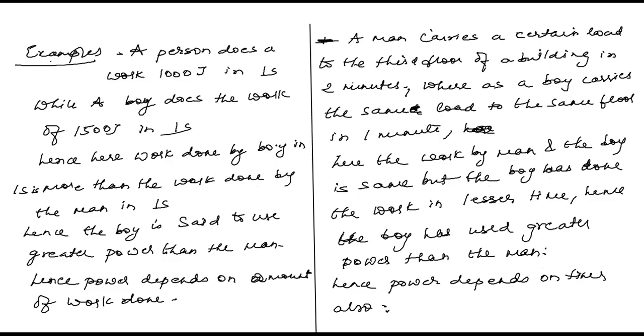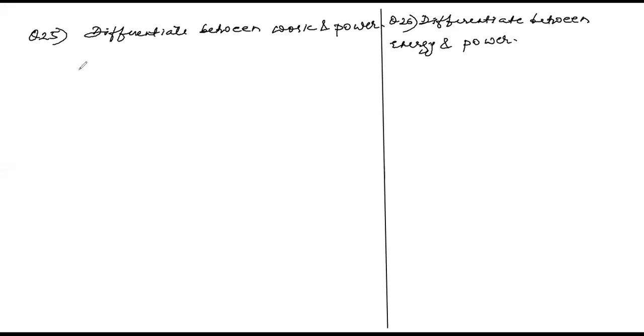We go to the next question. Question number 25. Differentiate between work and power. So here, when you say work and power, okay, now listen, the first one will always be the definition.